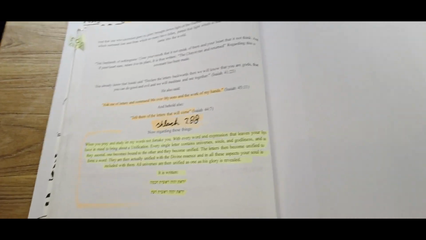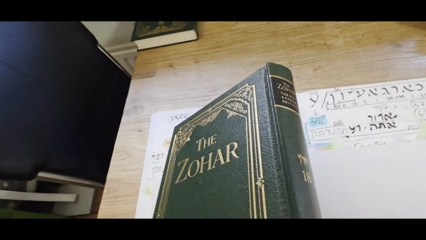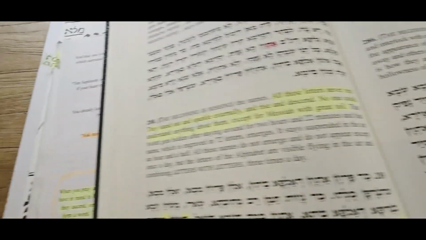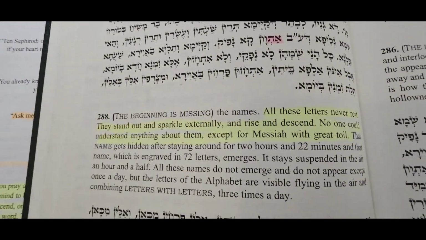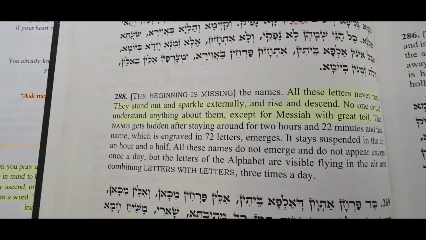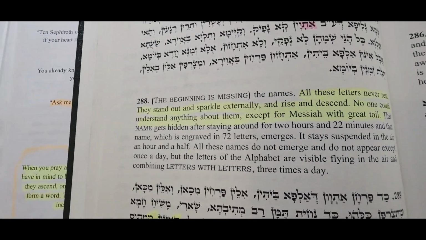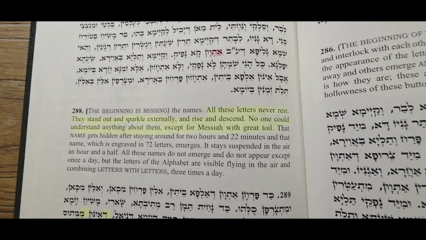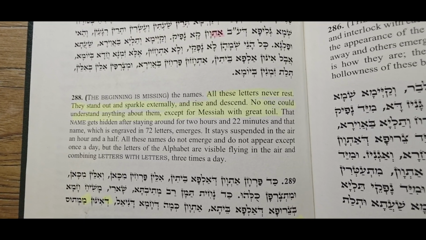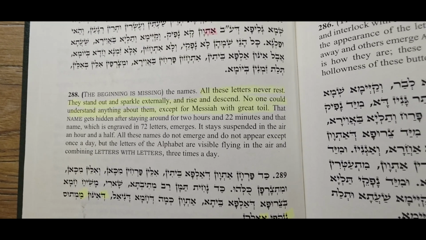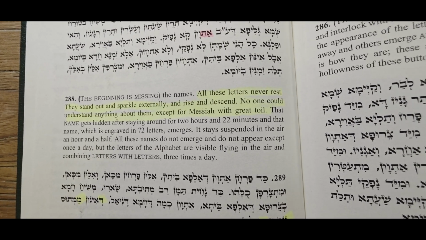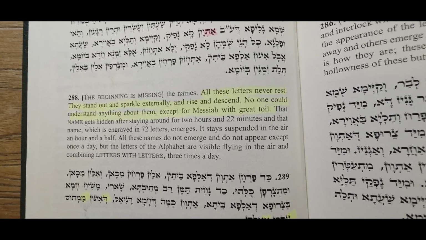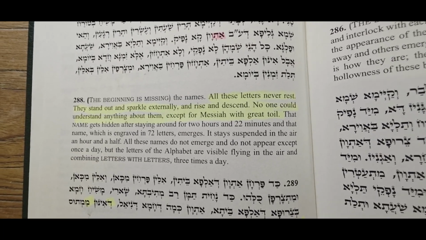So last and certainly not least, Shlach Lecha, book 18 of the Zohar, 288. The names. All these letters never rest. They stand out and sparkle externally and rise and descend. No one could understand anything about them except for Messiah with great toil. That name gets hidden after staying around for 2 hours and 22 minutes.